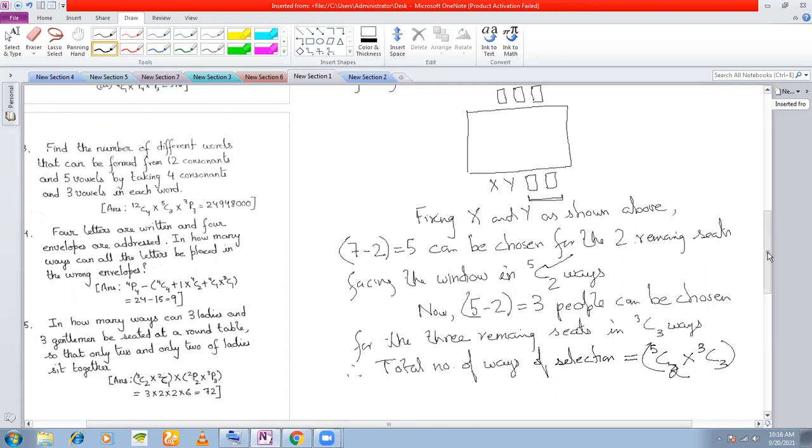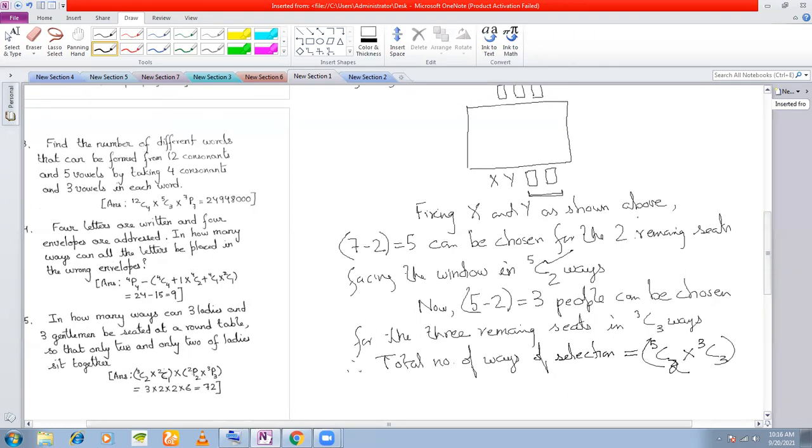Now, if you see in this part, there are 4 people. So they can be arranged among themselves in how many ways? X and Y cannot only sit here. X and Y can sit here also, in any way they can sit. So these 4 people can be arranged among themselves in how many ways?